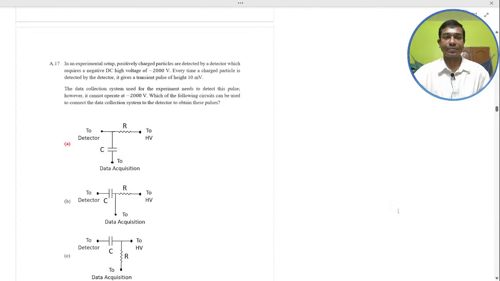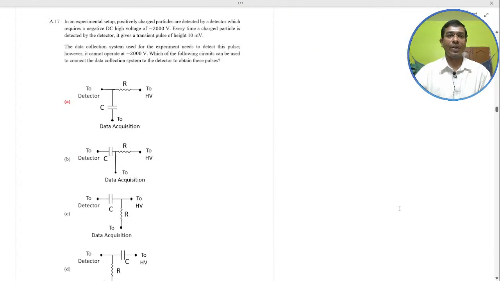Next. In an experiment setup, positively charged particles are detected by a detector which requires a negative DC high voltage of minus 2 kV. Every time a charged particle is detected by the detector, it gives a transient pulse of height 10 millivolt.